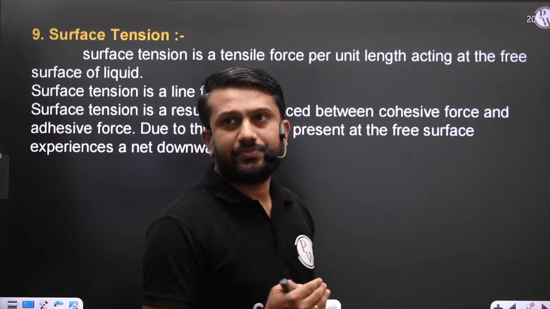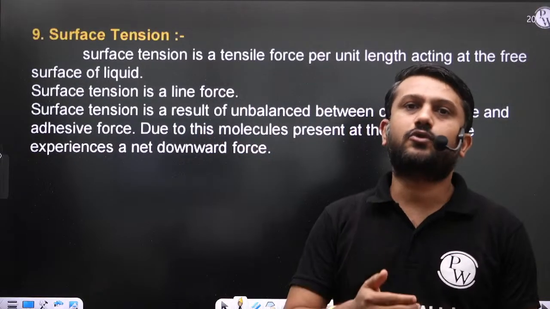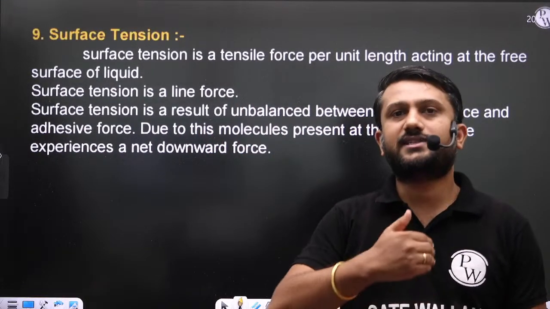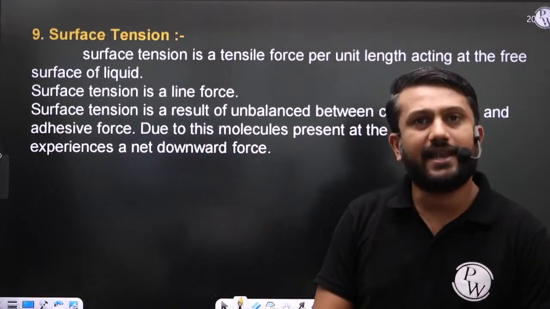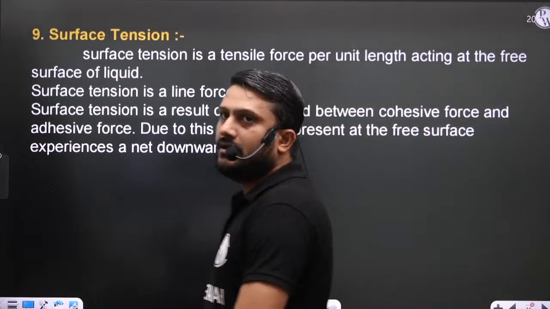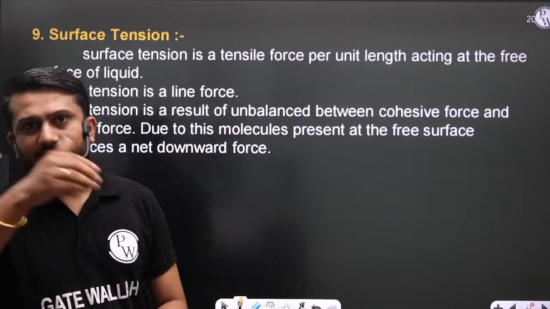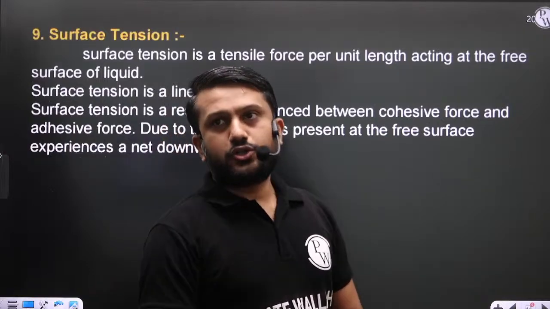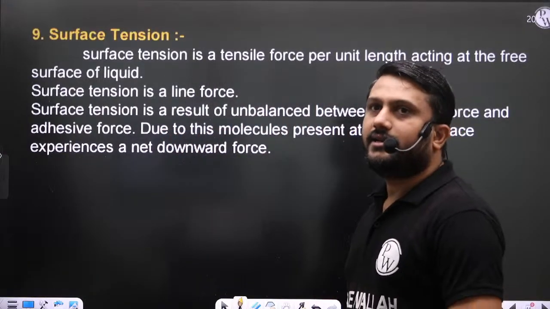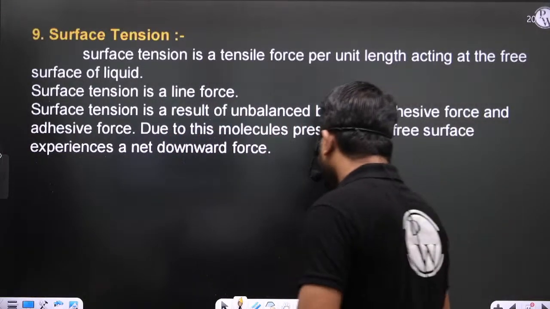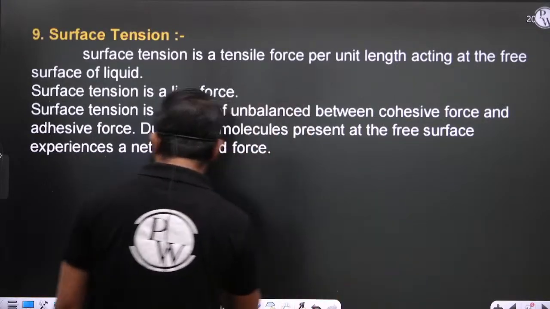That means it is a force per unit length. This force is acting along a particular length. So surface tension is a line force acting along a length.